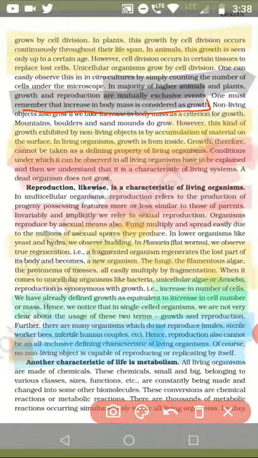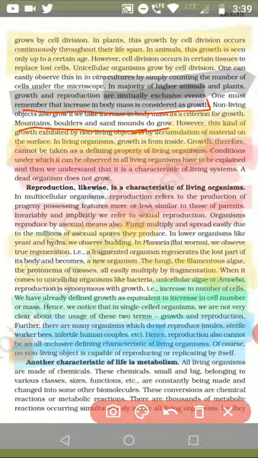Now, this is very important to understand: non-living objects also show some amount of growth, meaning some amount of increase in the body mass, like the mountains and the sand mountains, they do grow. When the winds blow, the sands do get deposited on them.